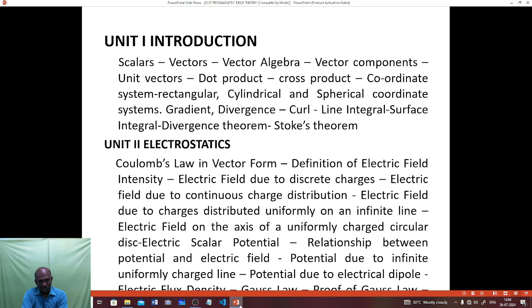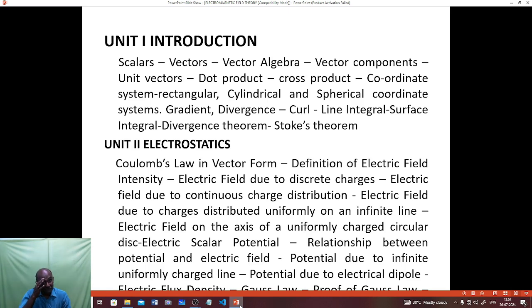The electromagnetic field is a three-dimensional field. In order to evaluate electromagnetic fields, calculate various parameters and analyze them, we need these three coordinate systems.